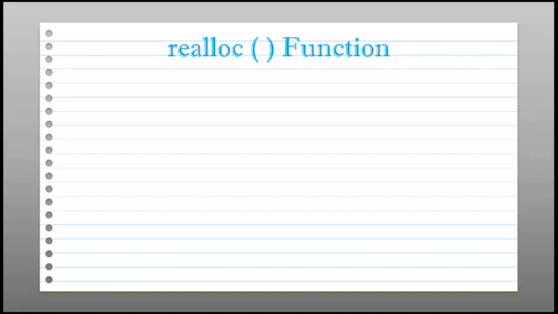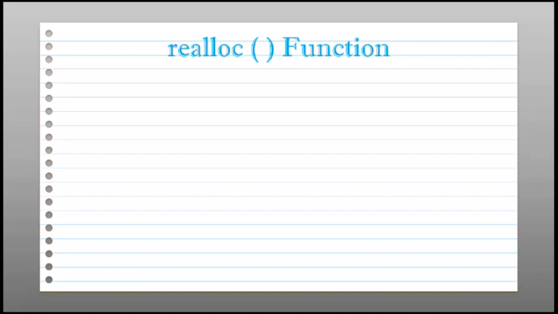Hello everyone. In this video, we will see the third function related to dynamic memory allocation, the realloc function. Before using this function, the memory should have been allocated using the malloc or calloc function. Sometimes the allocated memory may not be sufficient and we may require additional memory space.